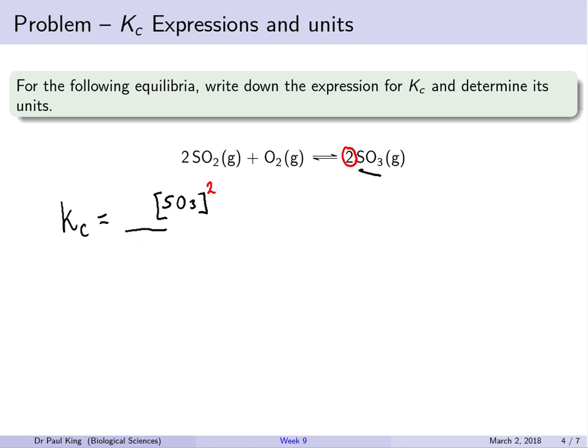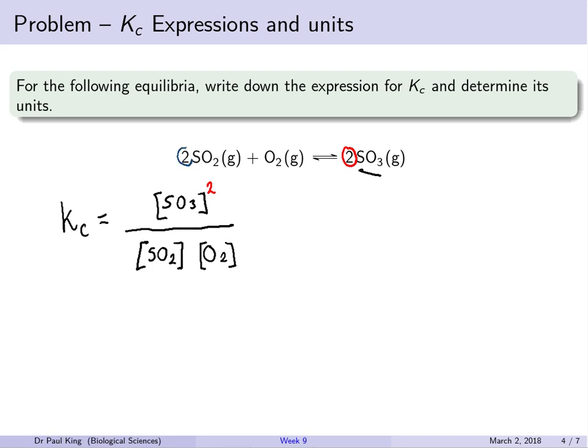We're then going to divide that concentration term, and in the denominator of this fraction we're then going to write down the concentration terms for the reactants, which in this case happen to be sulfur dioxide, SO2, and oxygen, O2.